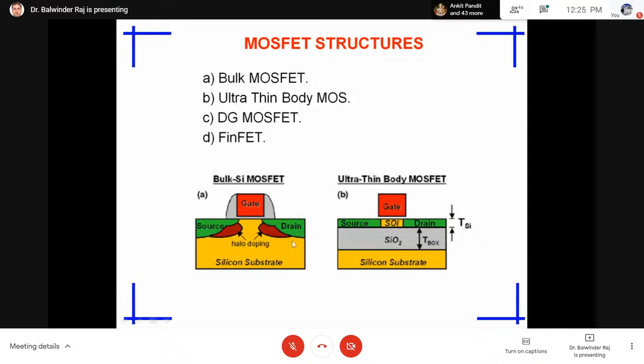If these PN junctions are forward biased, then the leakage current is high. To mitigate this problem, an additional layer of silicon dioxide is added so that there is a break in the path of source to body and drain to body, and this insulation layer minimizes the leakage current. There are some fabrication issues that we'll discuss later, and this type of ultra thin body device is fabricated with SOI FET technology.